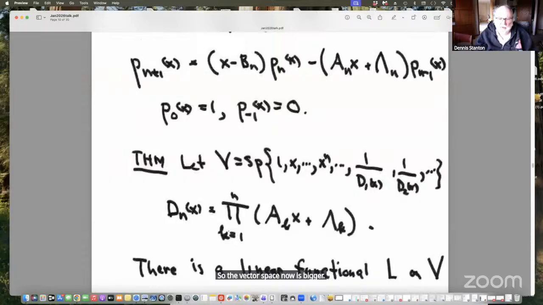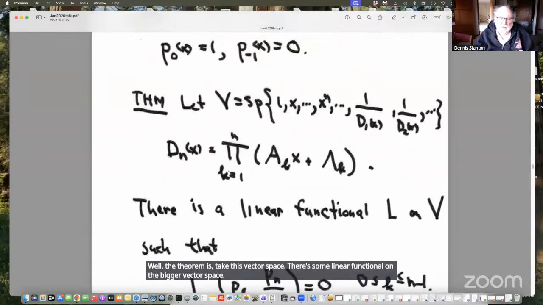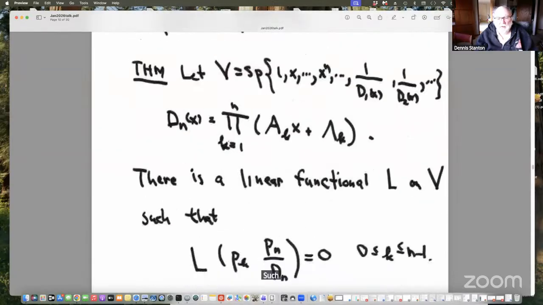The theorem is: take this bigger vector space, there's some linear functional on it such that L of p_k p_n over d_n is 0. Formally speaking, if the a's are 0, the d's are out, and you would go back to just orthogonal polynomials.